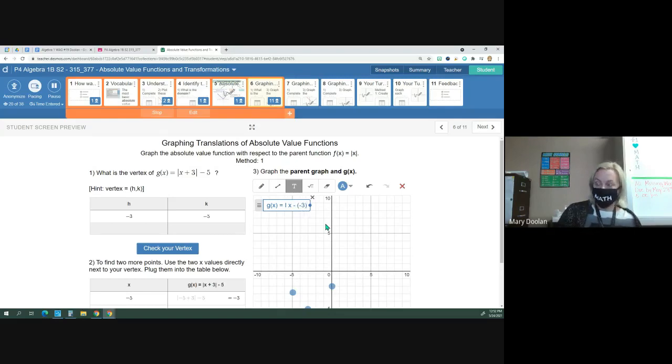I'm just rewriting what I have instead of x plus 3. Think of it as x minus negative 3 because I have to get the x and the minus before I could pull out the h. And same thing for the k. That's subtraction, and I really want addition, so I'm thinking of this as adding negative 5. So that's why h is negative 3 and k is negative 5.